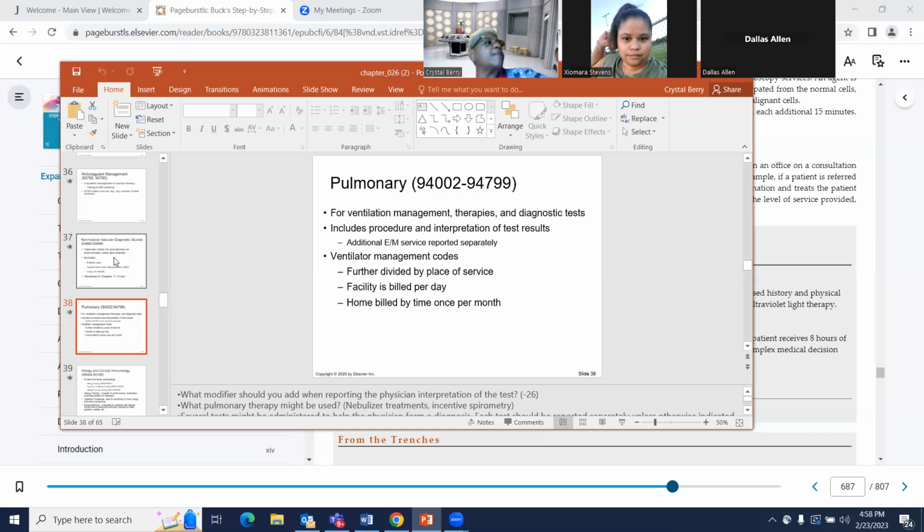Let me find it myself first. Electrocardiogram with 15 leads, including the interpretation and report. What is the CPT code?